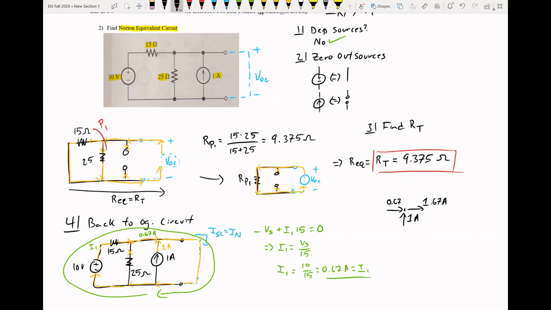So those two make up this one. All right, so our I short circuit is going to be equal to 1.67 amps, and I short circuit is equal to I Norton, which is 1.67 amps.